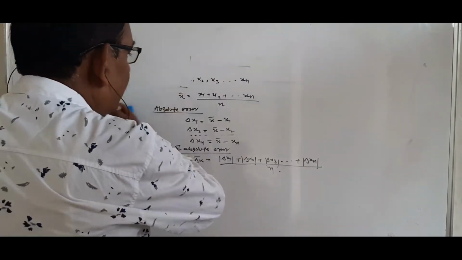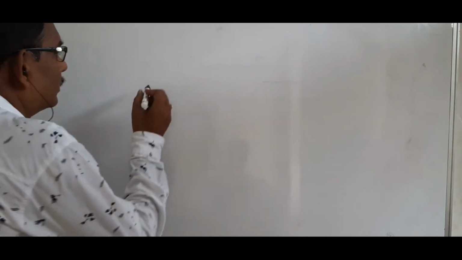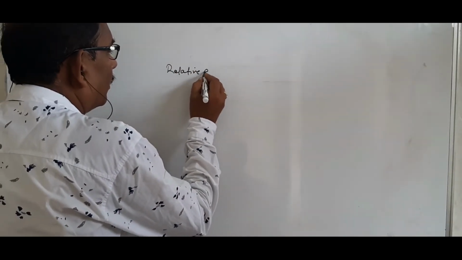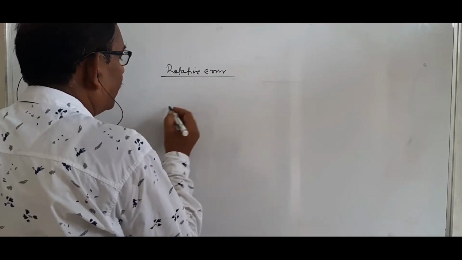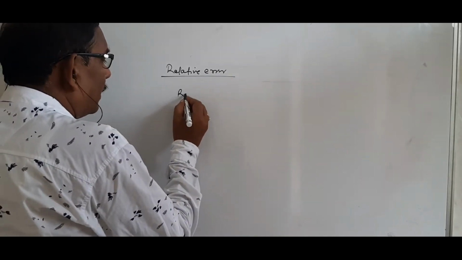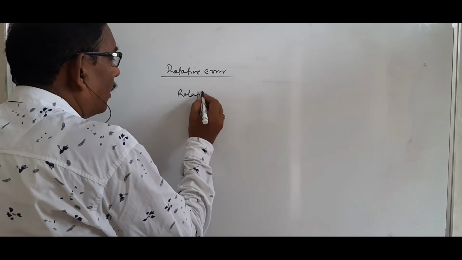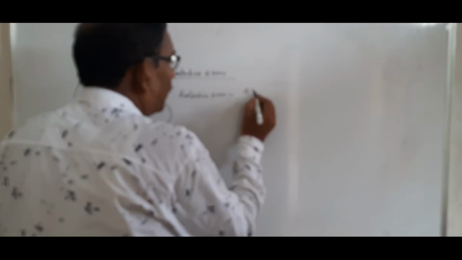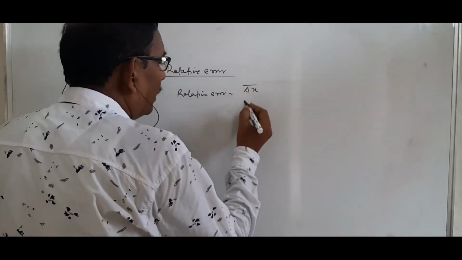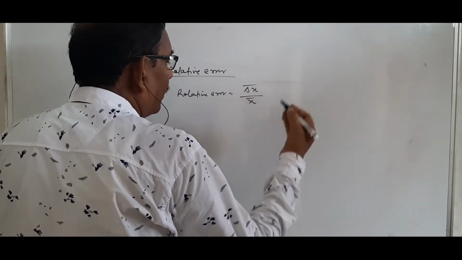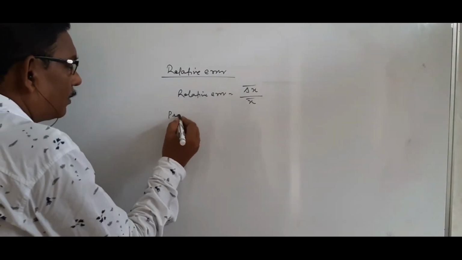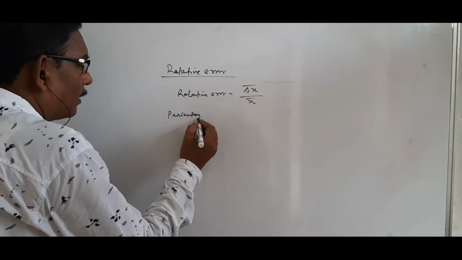Next is your relative error. The relative error equals the mean of absolute error divided by the mean value. Now come to percentage error.